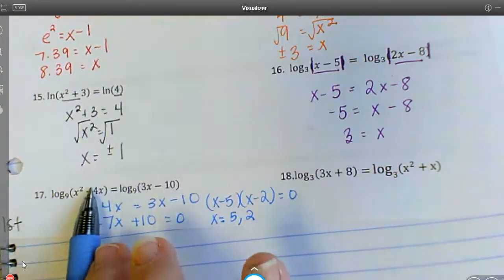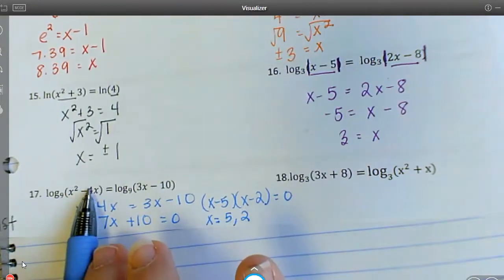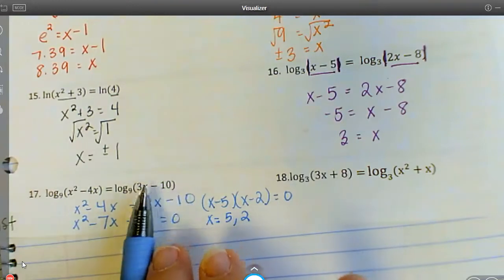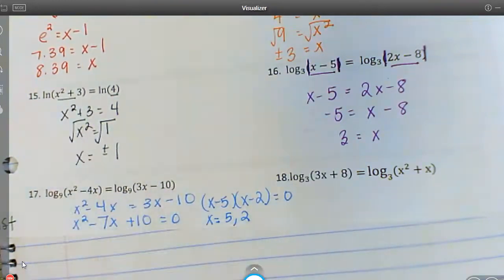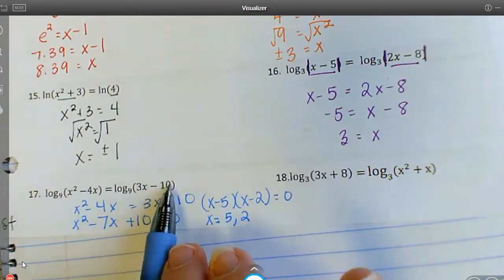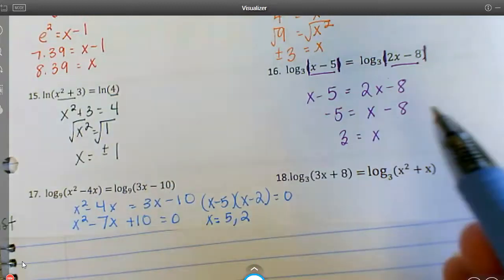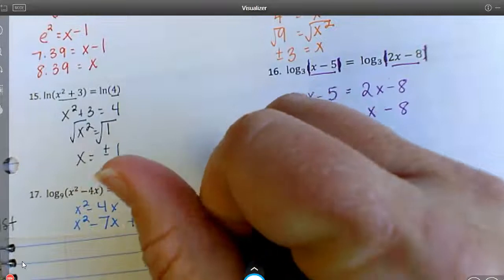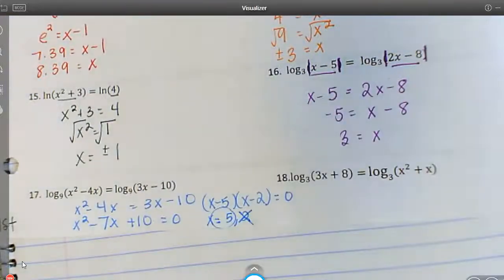Then you take 2. You plug the 2 in. Make sure you get a positive number. Same thing here. Do you get a positive number when you plug in 2? See, 3 times 2 is 6. 6 minus 10 is negative 4. If you get a negative number when you're taking the log of it, it doesn't work. So 5 is the only solution.